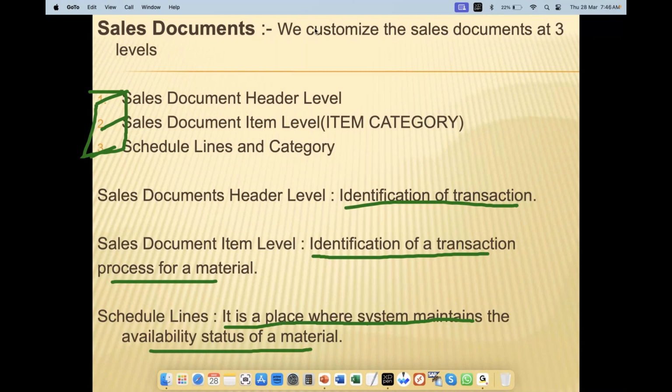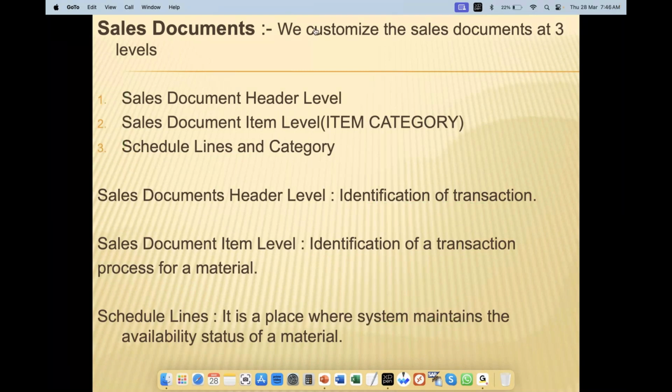See, when you go to any store to buy a product, he opens a document in the system and starts asking for what purpose you are there. So his primary collected details are the header level. Then he'll ask what the product is. Then he enters the product code and it starts giving the price and all.